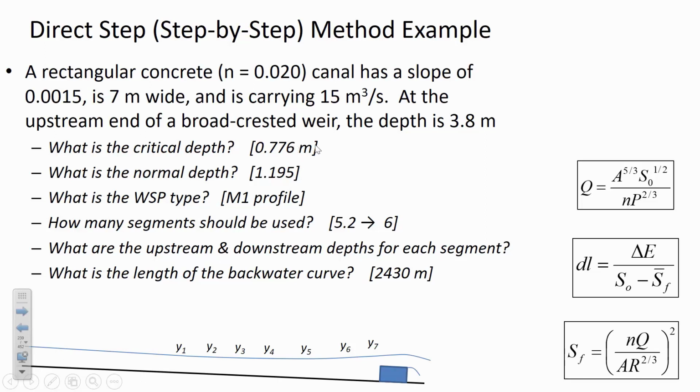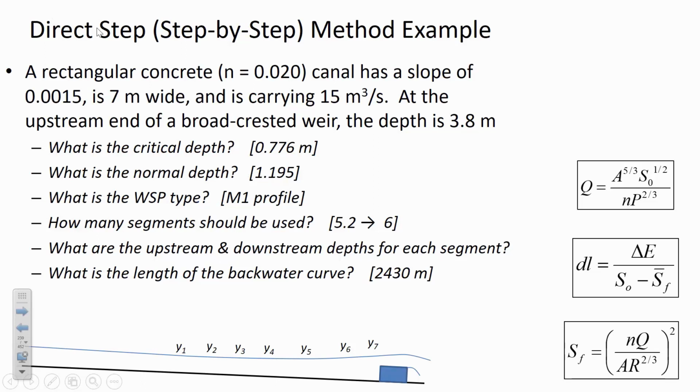In this case it was a mild slope, and the 1 means that the measured depth of 3.8 meters is deeper than either of these other two. That puts it in zone 1, the highest of the 3 regions when dividing the flow up by the imaginary line that's the critical depth, the imaginary line that's the normal depth, and then our actual water surface.